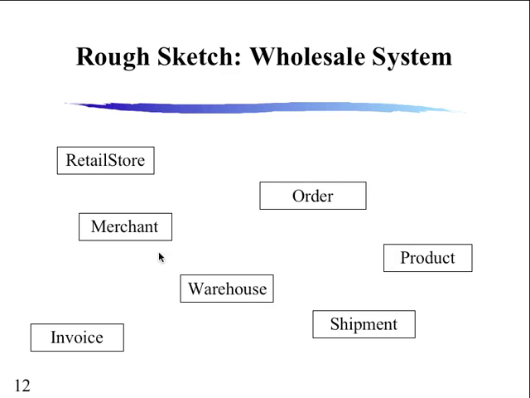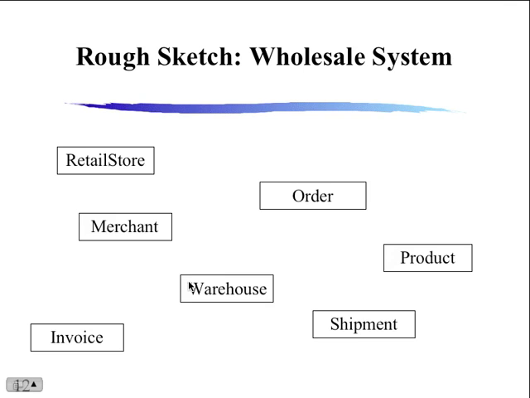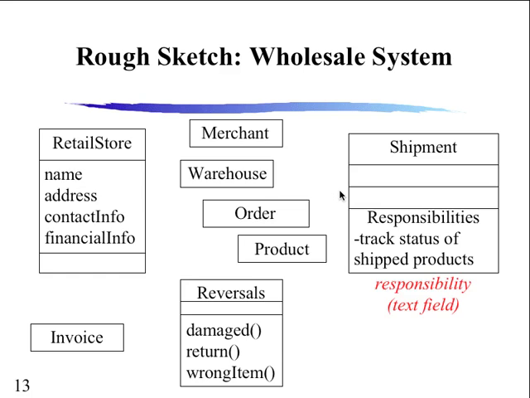Well, we got a retail store, merchant, order, product, shipment, invoice. These are kind of items. You can take and pull the nouns out of there if you want. Wholesale, merchant, supplies. We end up with a bunch of retail store, merchant, order, a bunch of odd nouns that we've pulled out of there.